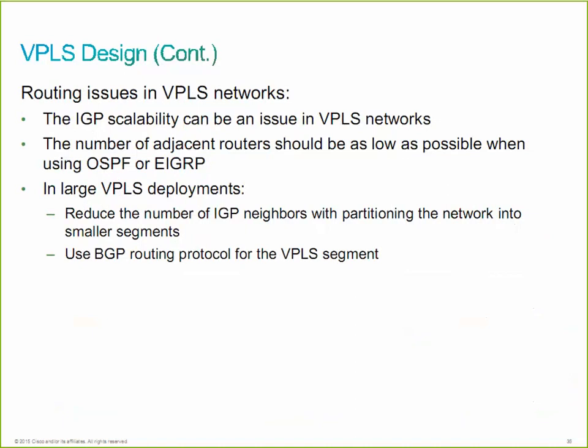Another issue that we run into with VPLS is the scalability of our IGPs, our interior gateway routing protocols. All routers that are attached to the VPLS network see the segment as a broadcast segment, which means the IGP acts as if there are lots and lots of routers connected at the same time to that broadcast domain.